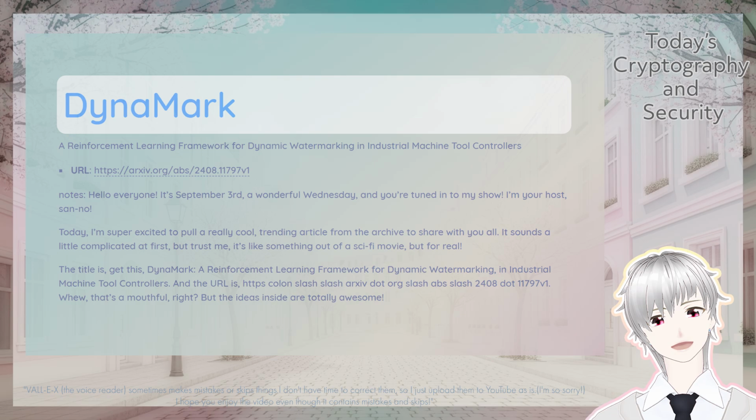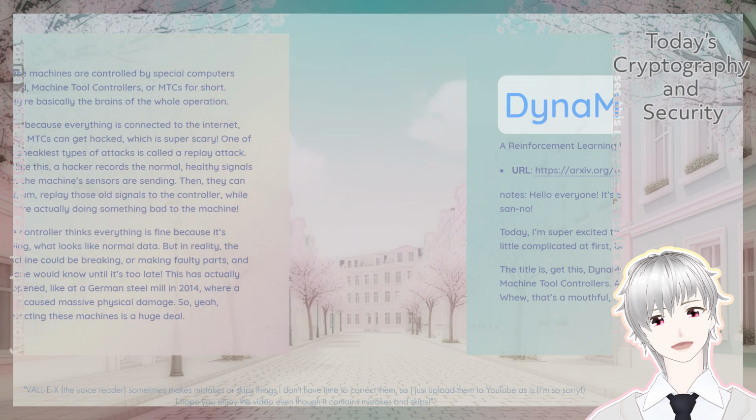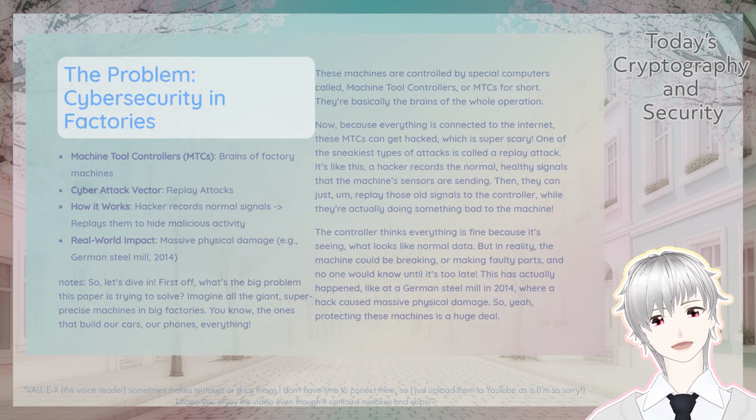That's a mouthful, right? But the ideas inside are totally awesome. So, let's dive in. First off, what's the big problem this paper is trying to solve?